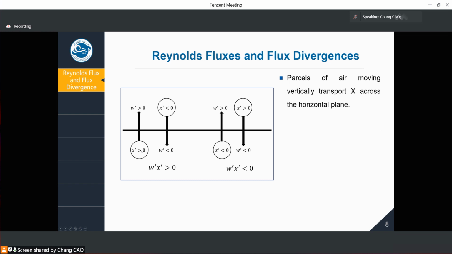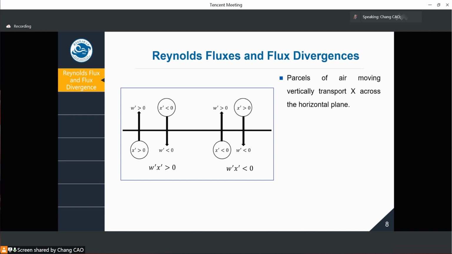And if we look at the second one, we find that the parcel is moving downward. So W prime is smaller than 0. And suppose X prime is also smaller than 0. We will find that the product of them will be bigger than 0. So these first two conditions both lead to the product of W prime and X prime being bigger than 0.